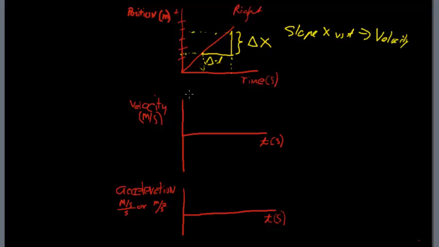I have a positive slope, so I have a positive velocity, and that means I am moving to the right. Obviously, if I had a negative slope, I would be moving to the left.